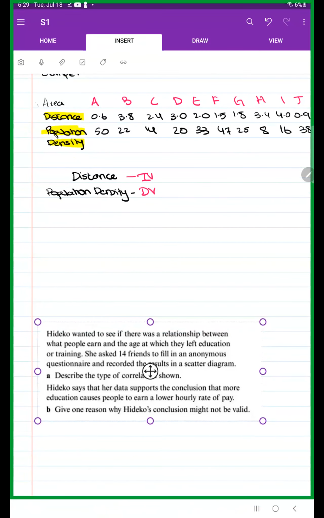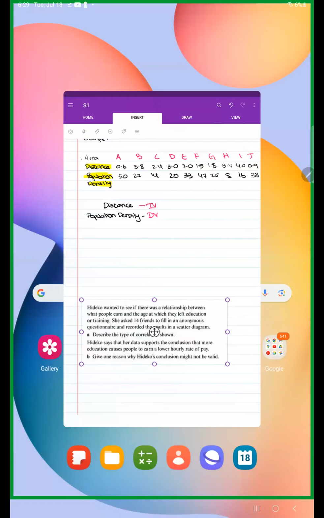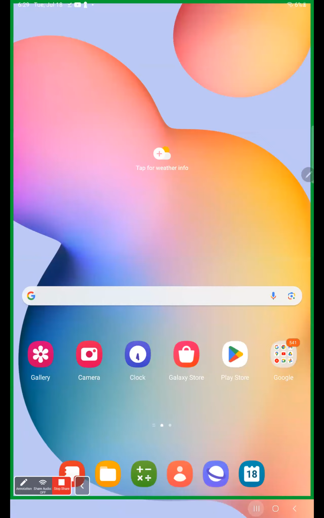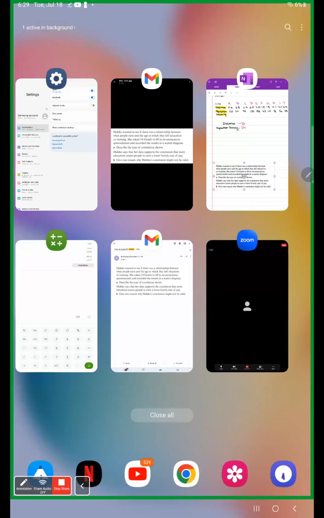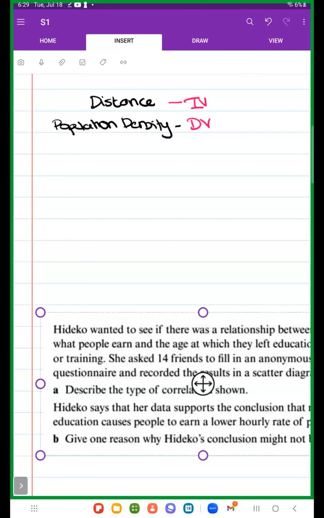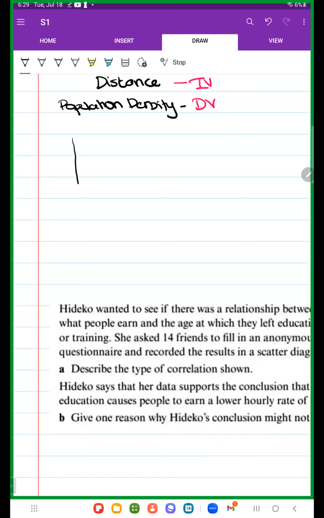So let me just share the screen with you. All right. So your graph would be something like this, yeah? Yeah.